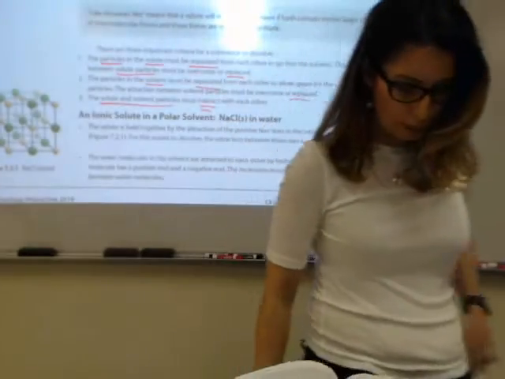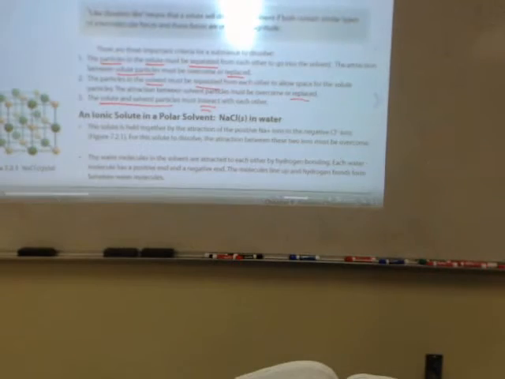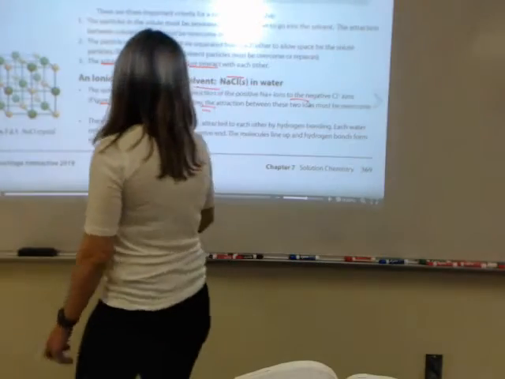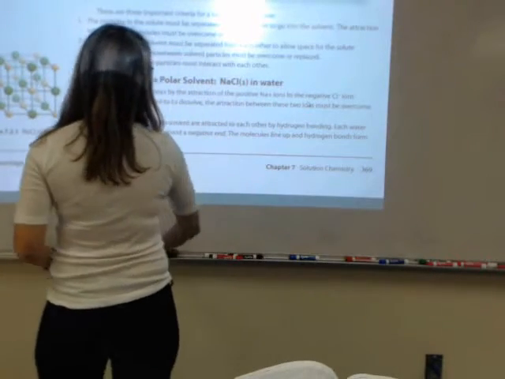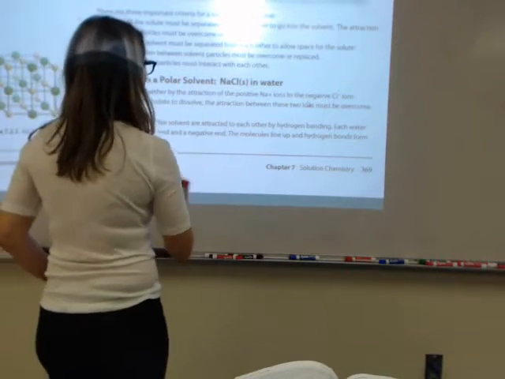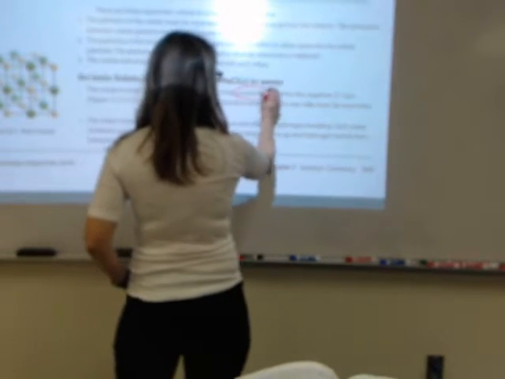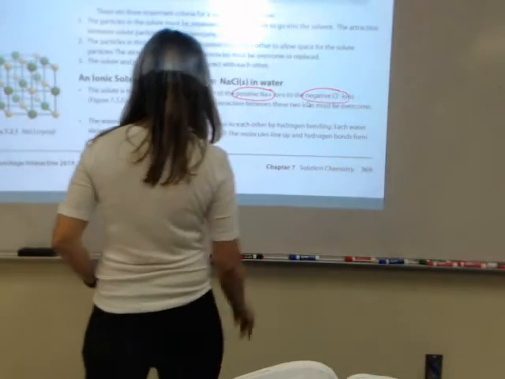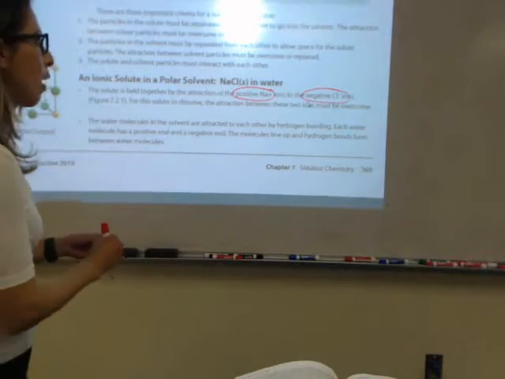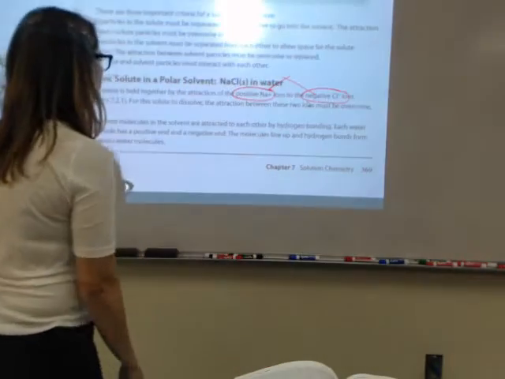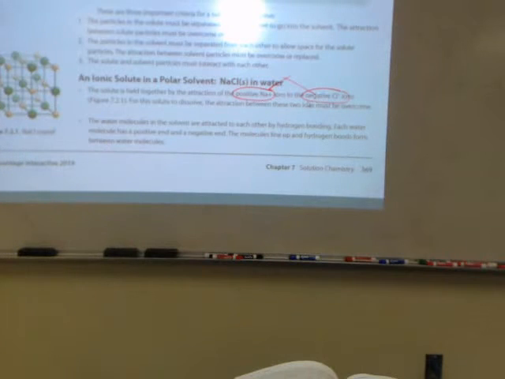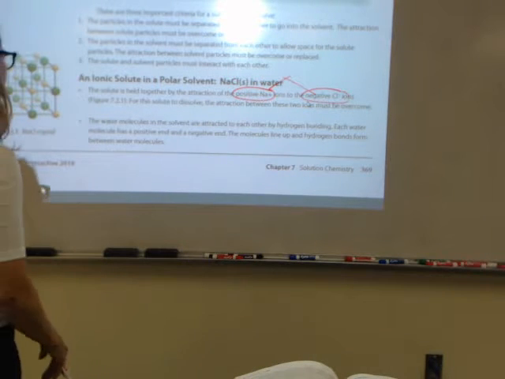So I'm going to start out by talking about ionic compounds. Let's talk about sodium chloride in water. You know that sodium chloride is held together by ionic bonds, or an attraction between the positive sodium ions and the negative chloride ions. And you have to overcome these forces of attraction between the two ions to get it to dissolve in water.